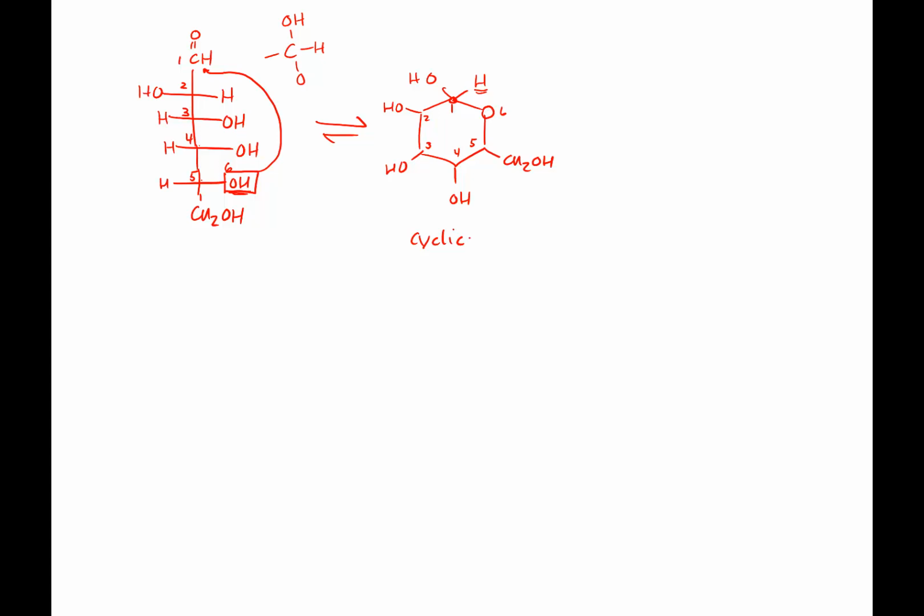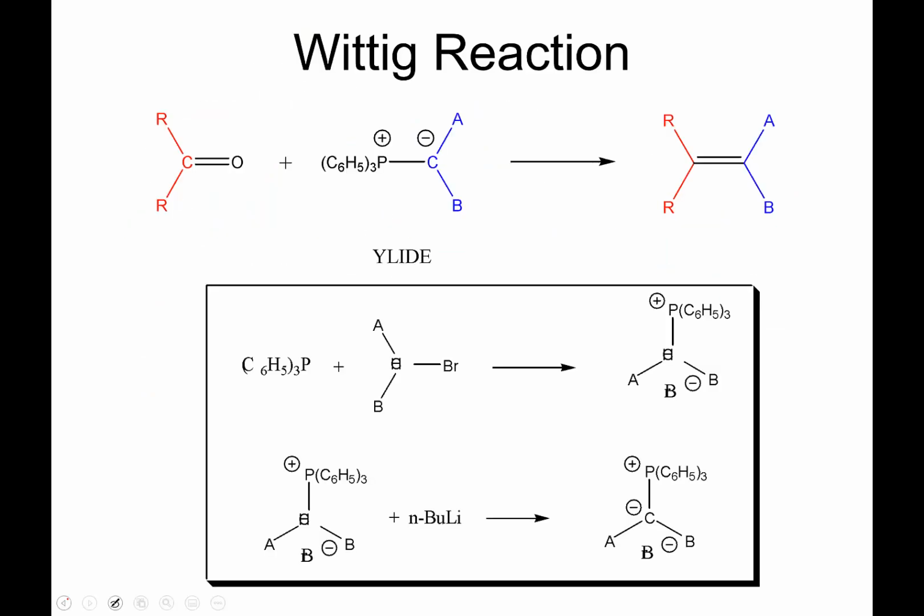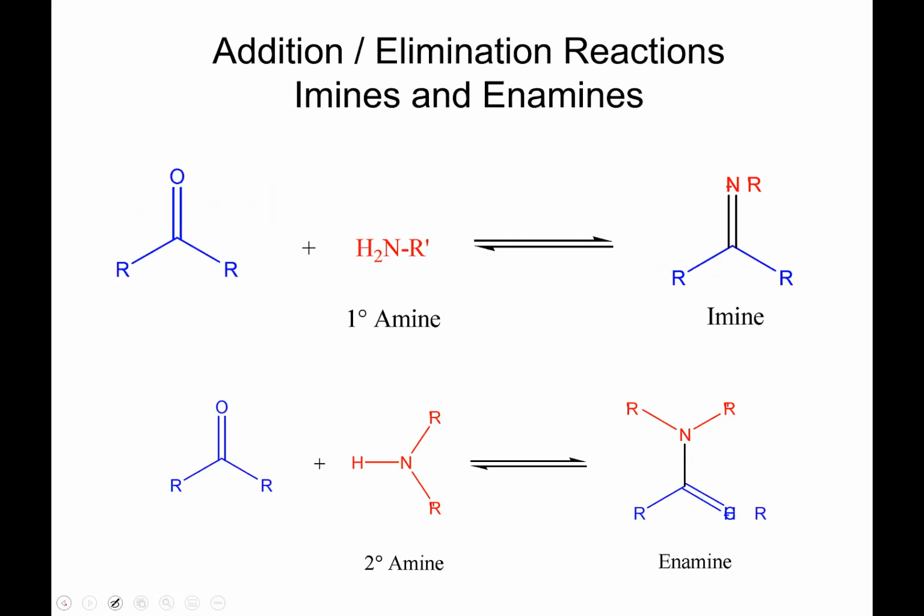And it is a cyclic hemiacetal form. Okay. So you've seen these kinds of molecules before. You just haven't necessarily talked about them in the context of them being cyclic hemiacetals. So let's go back in my notes here and let's take a look at exactly what I'm talking about.